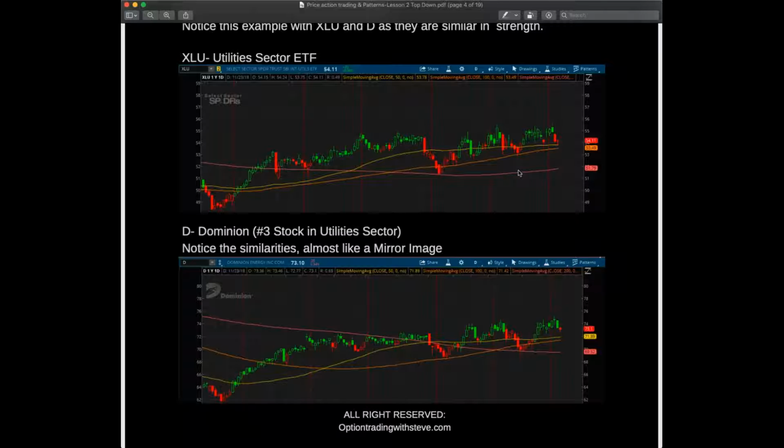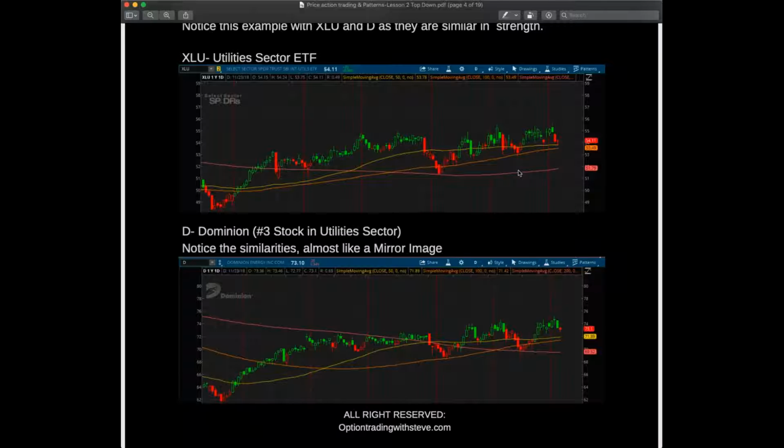I mean, your stocks. This is why we look at them. We want to see the strength of the sector compared to the strength of our stock, and we want to gauge that. Why? Because we want a stronger stock than our sector when we're bullish, and we want a weaker stock in our sector when we're bearish.